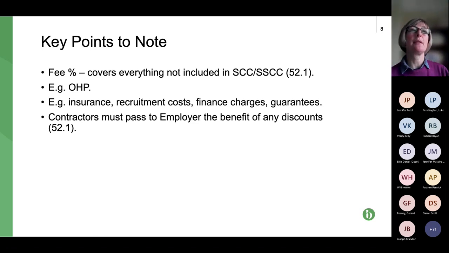So therefore, this statement here that contractors have to pass to the employer the benefit of any discounts they obtain is entirely logical, because the benefit of the discount is an extra bonus that the contractor will get for bulk buying or whatever. So it just means that the contractor's not entitled to keep that. Next slide, please.